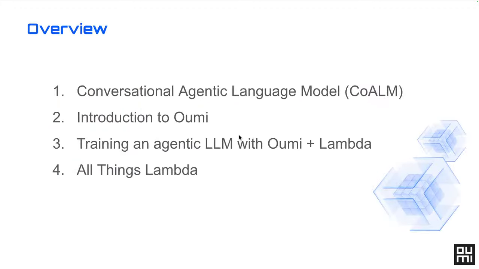Okay, so here's a little overview. Firstly, I'm going to be talking about some research that Oumi and our collaborators have done on fine-tuning large language models to be more performant agents. We'll talk about in what way the current models are lacking, and how we are making them more performant. This is based on a research paper that came out earlier in the year.